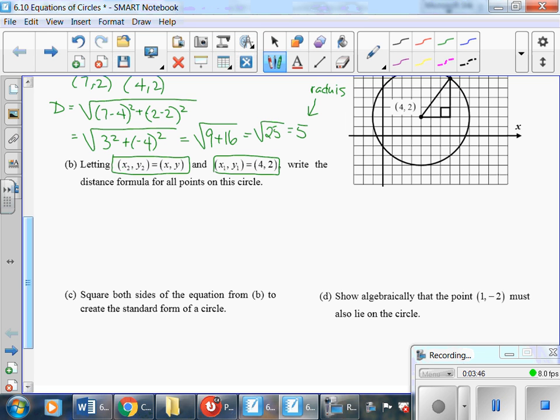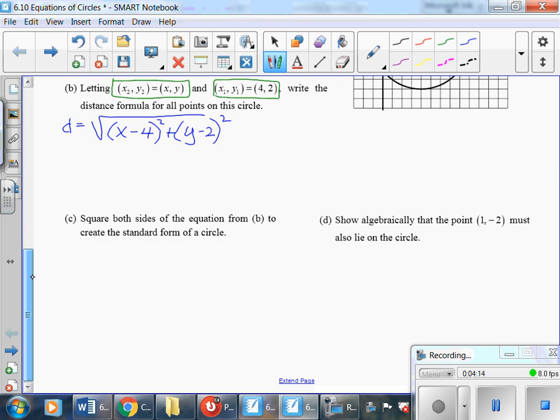So our distance formula is going to be the square root of x minus 4 squared plus y minus 2 squared, all right? And think about what this means. I don't want to get too far ahead because I'm going to talk about that a little bit in C and D.